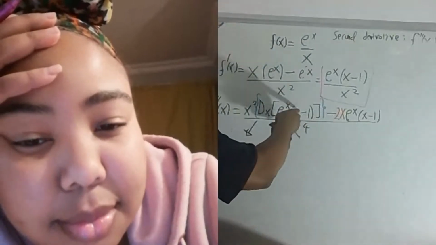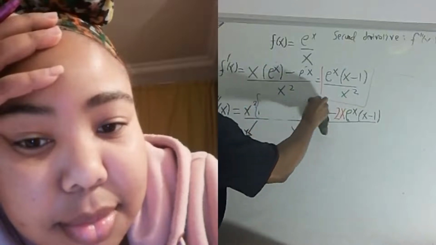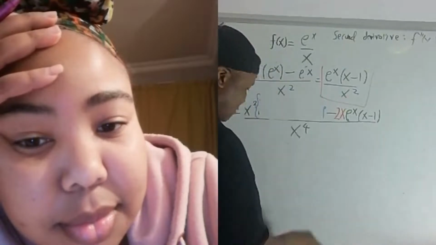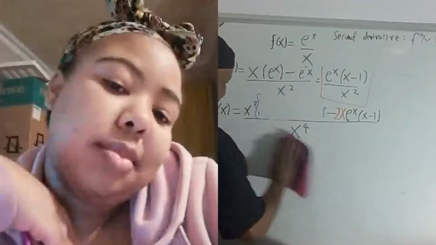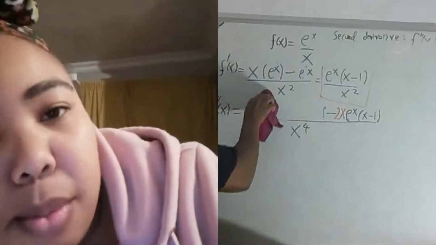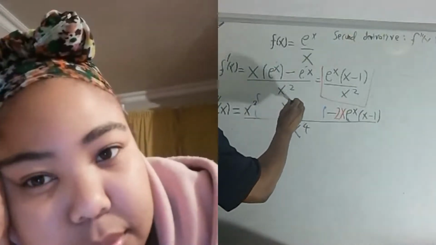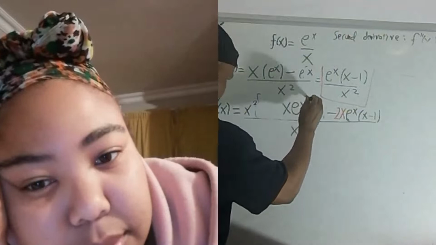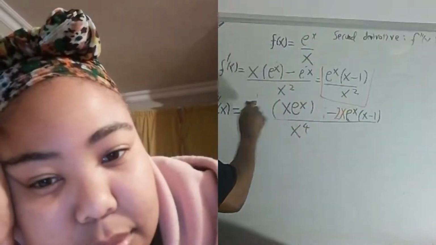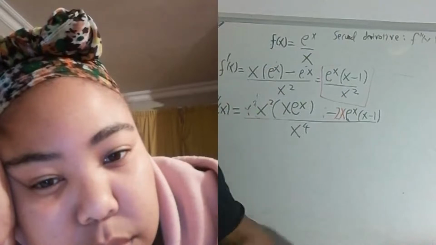All this stuff here, I'm going to say is just x e^x. And here we have x squared. X squared, I'll write closer to it. And this one will erase.